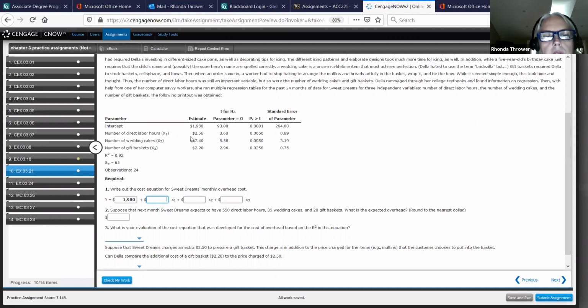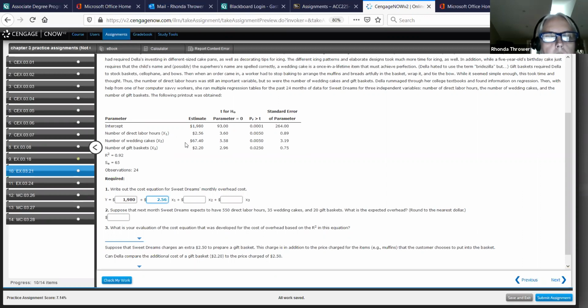Now they figured the variable cost per unit for direct labor hours was $2.56. Notice it's got X with a subscript of 1 along with that. So we're just going to plug $2.56 into this formula. And this was our first variable cost would be $2.56 times the direct labor hours.